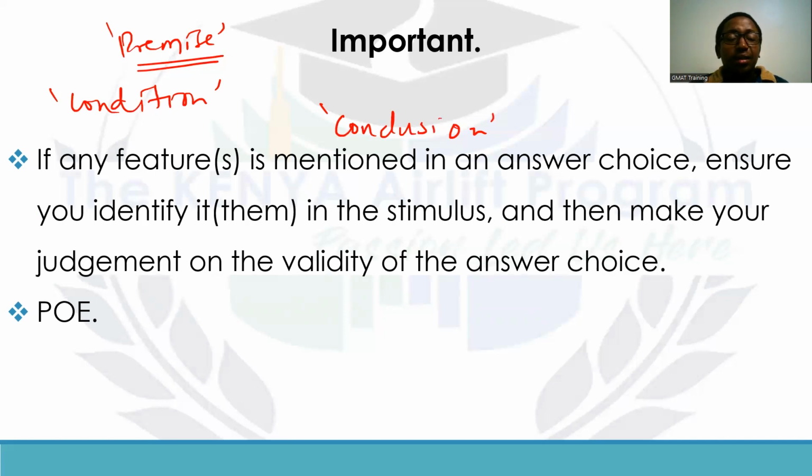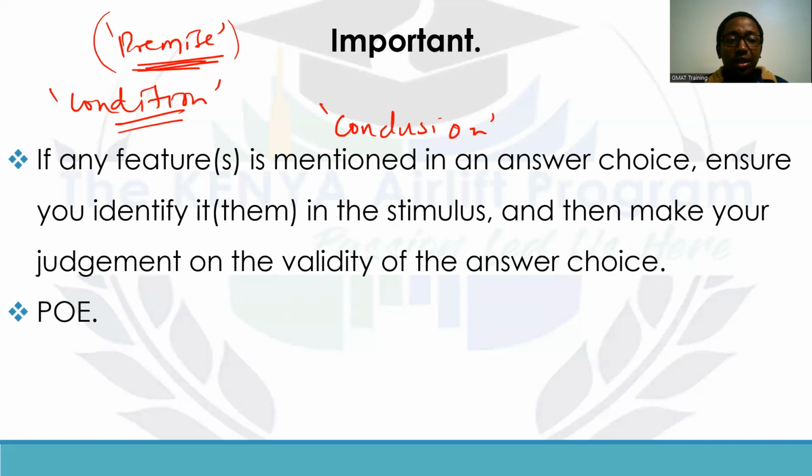Sometimes you'll find that the GMAT has just changed this premise, or the author maybe changed a condition, and then you find that the answer choice insinuates that the premise is the one that has been changed. So wherever you find a feature mentioned in your answer choice, you go back to the stimulus, ensure that it's placed correctly, and then make your judgment on the validity of that answer choice.